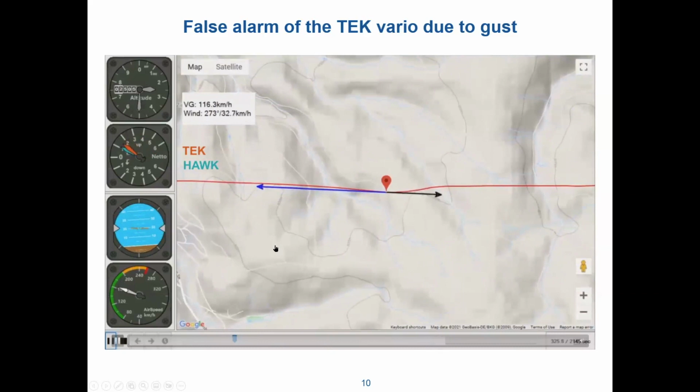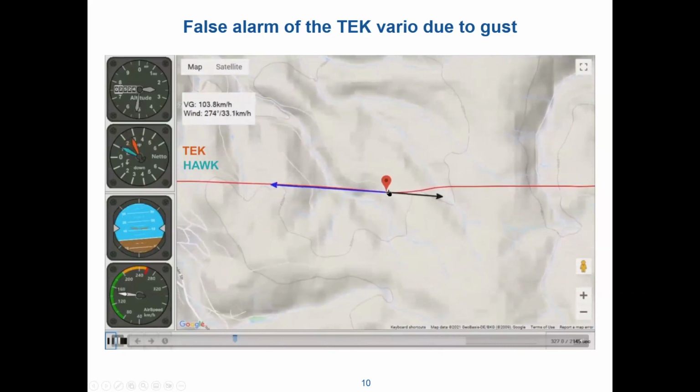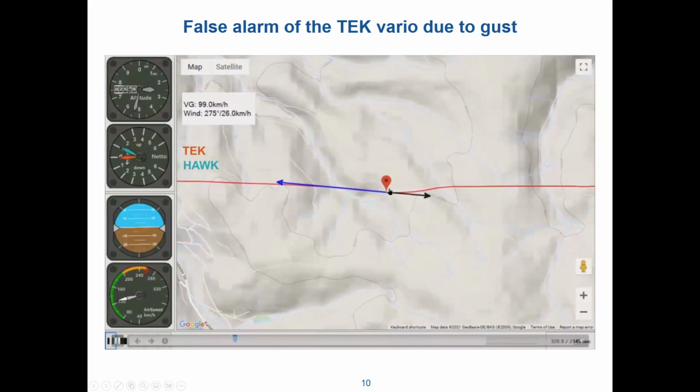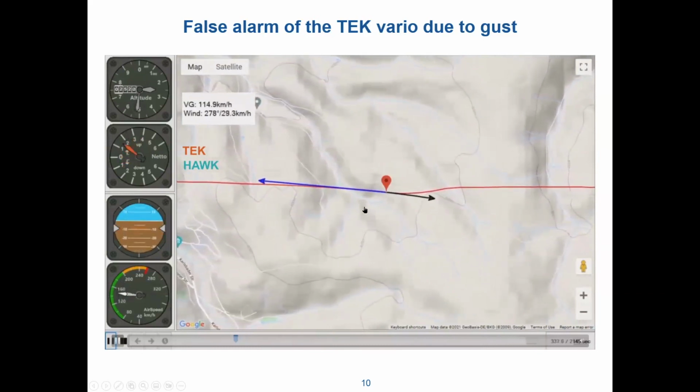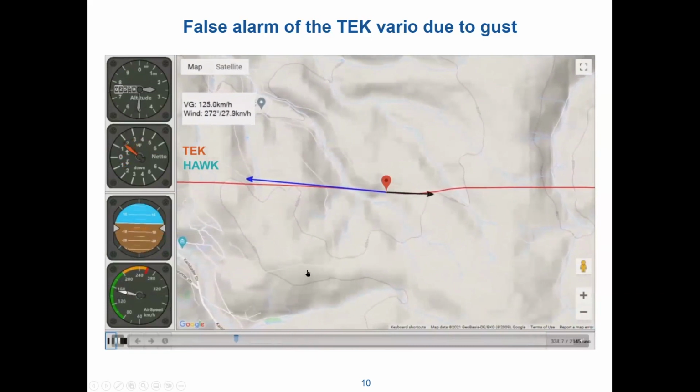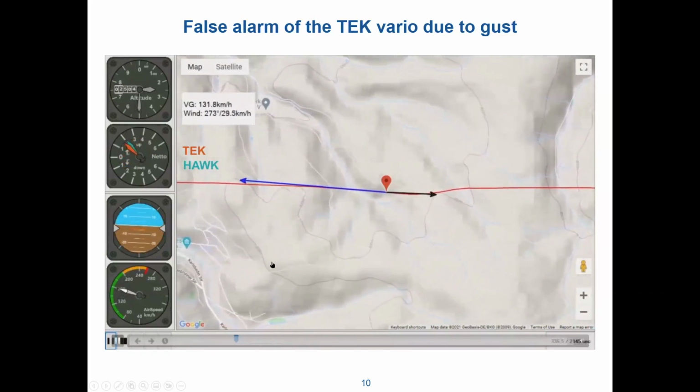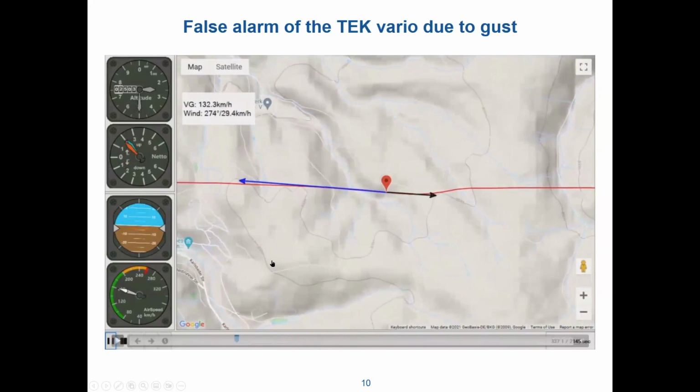If you fly cross country, this avoids unnecessary surge cycles. And that's a major strength of Hawk. No false alarm. If Hawk shows a climb, there is a climb.